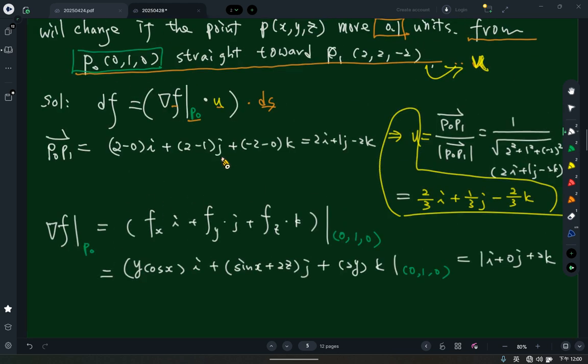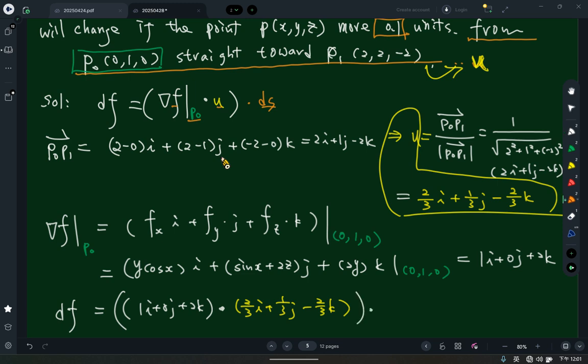To get df, it is equal to the gradient vector 1i plus 0j plus 2k, inner product this unit vector, then times a small change, ds, 0.1, so that the answer is negative 0.067 units.